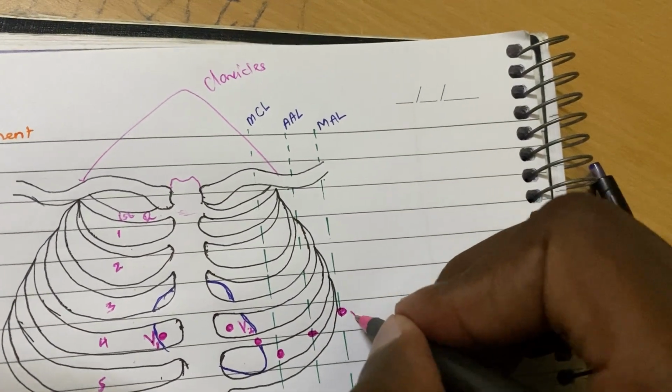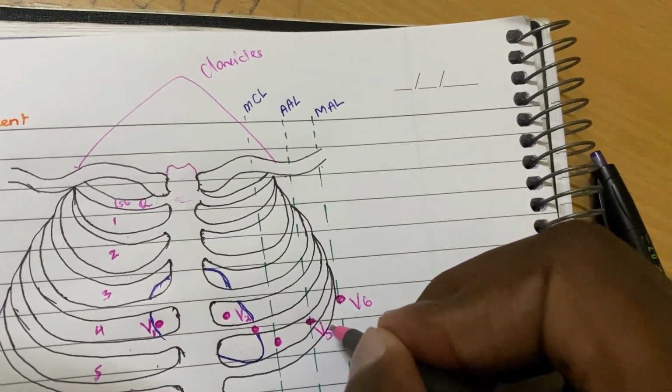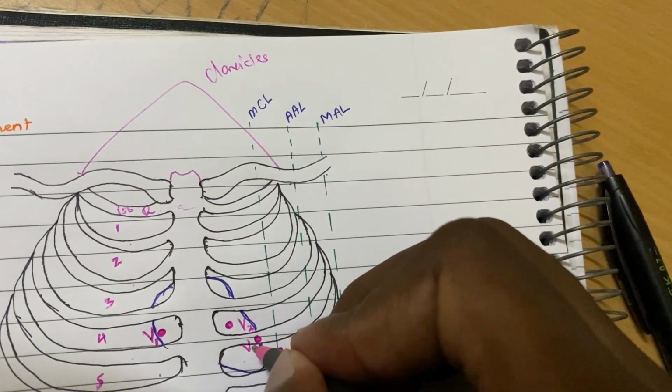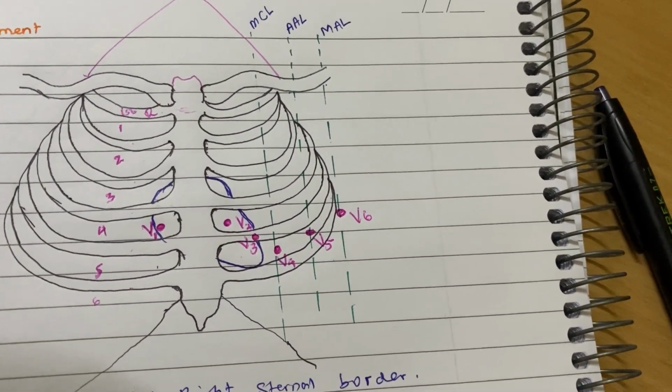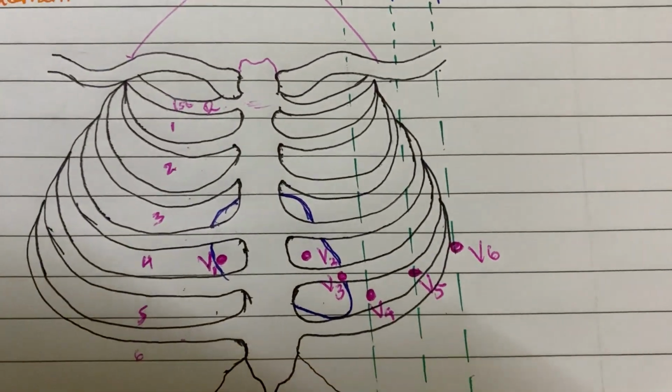So this one is V6, V5, V4 and V3, named like that. You see it? Is it clear?